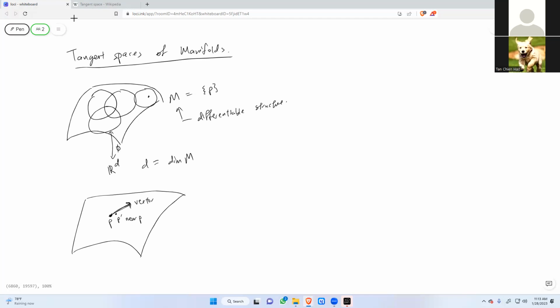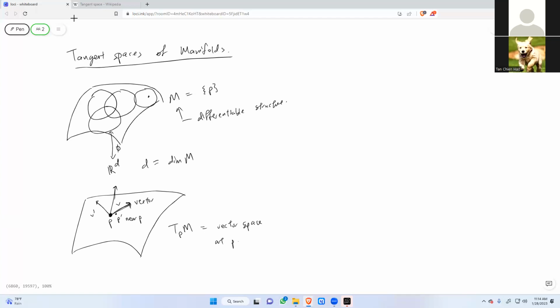So if I have a vector v originating from this point P, and I have a vector v prime originating from this same point P, I want to be able to add these two vectors together to get a vector. Basically, we want to define a vector space at a point P, which we will write as T_P M.